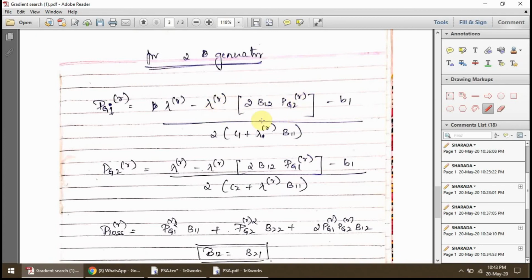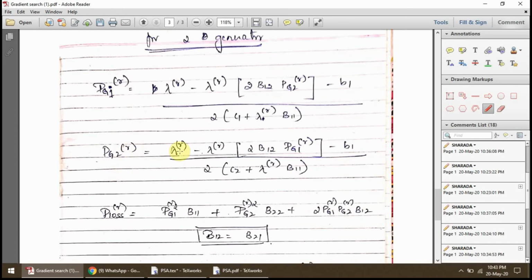In case if you have 3, then you will have 2 terms within this square bracket. If there are 4 generating plants, you will have 3 terms within this square bracket.